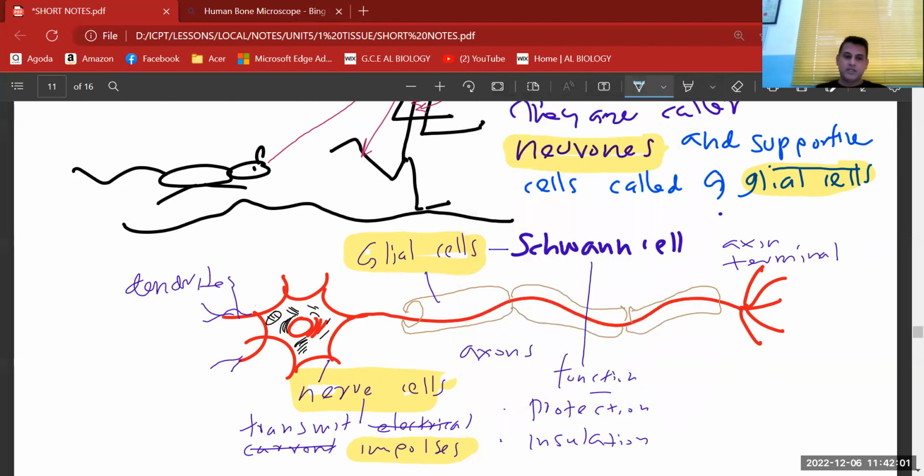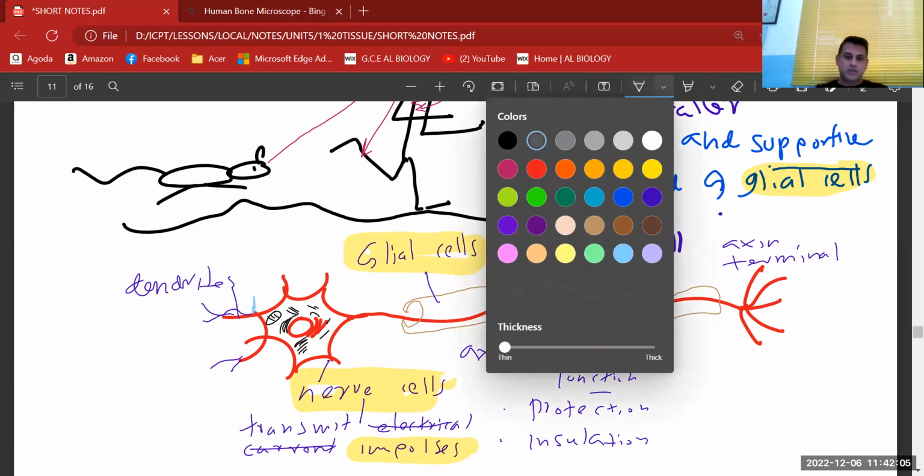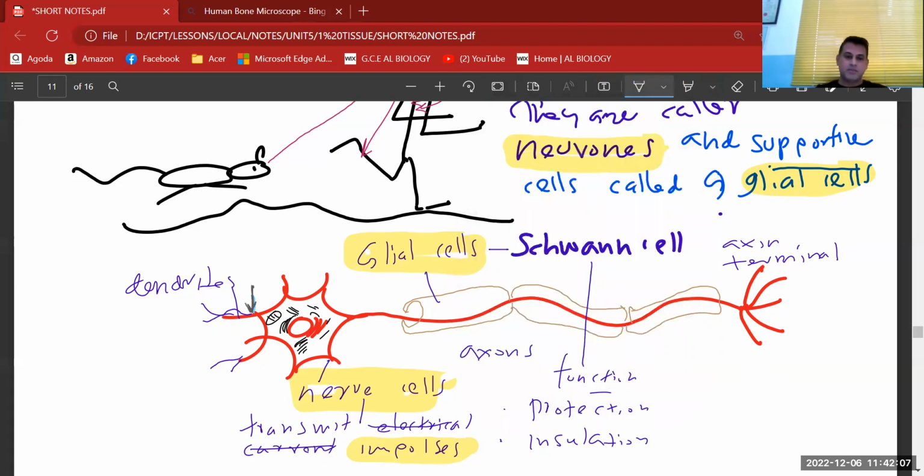For example, if we start making electrical impulses at this point, the electrical impulses travel to this end. They are long cells. They can conduct electrical impulses to the other end.